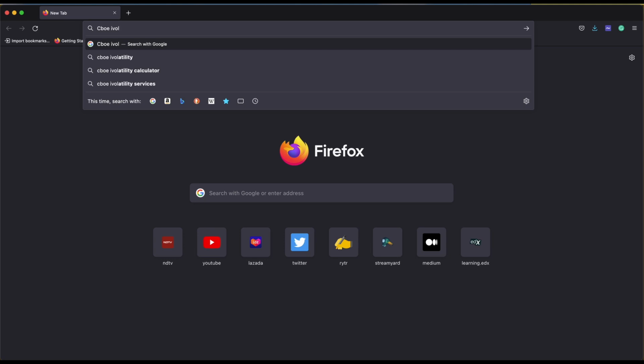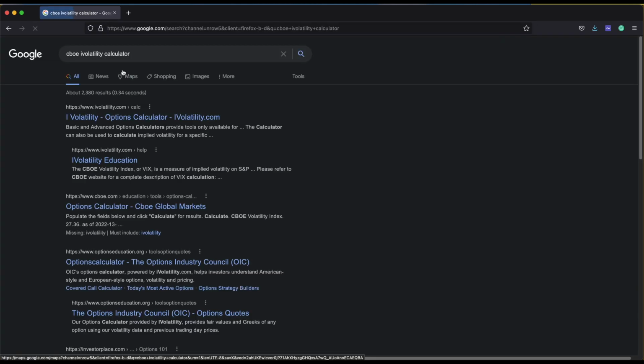Go to Google and search for CBOE iVolatility calculator. You will see this option of options calculator, CBOE global market. You can go to that.